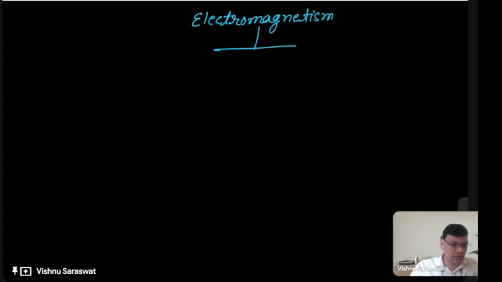So today in this lecture we will study electromagnetism, and electromagnetism is a combination of the two words, electro and magnetism.